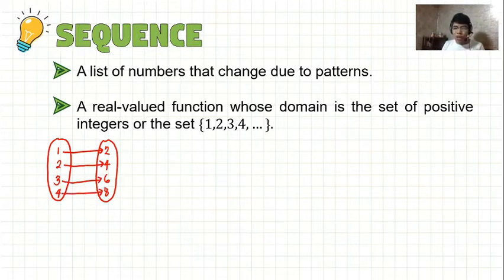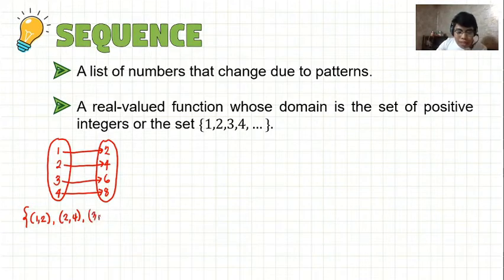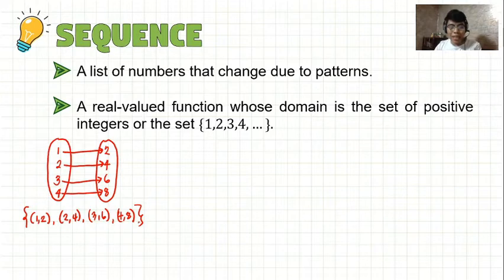If I represent this mapping through ordered pairs, we have the list (1, 2), (2, 4), (3, 6), (4, 8). Indeed, that is an example of a function.